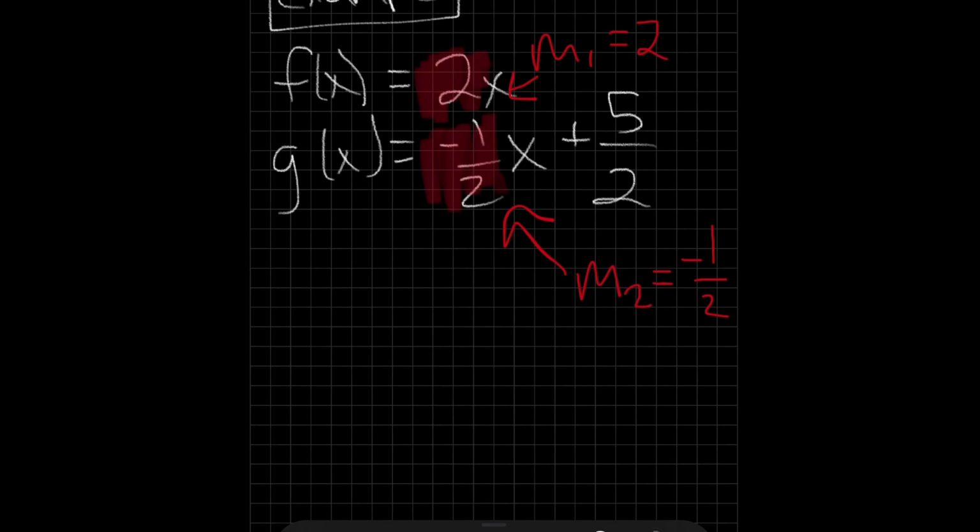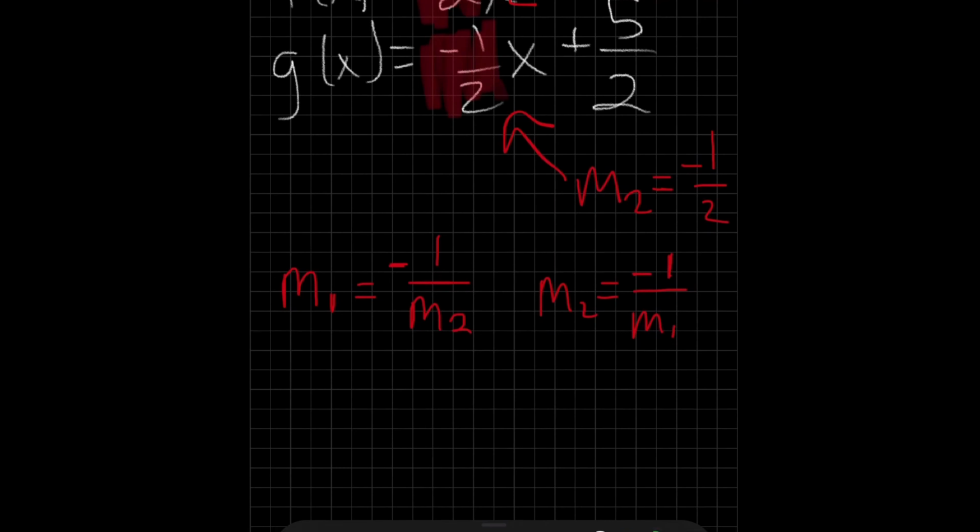When I say I have things that are the negative reciprocal, m1 should be equal to -1/m2. And vice versa, it's also true that m2 should be equal to -1 divided by m1. Let's plug in to see.